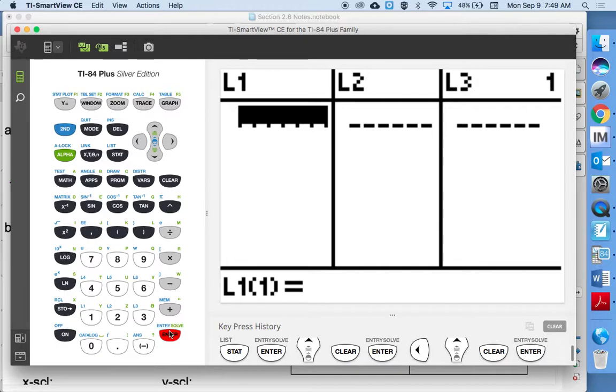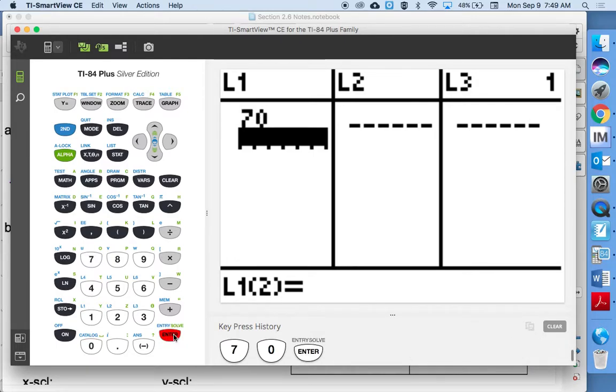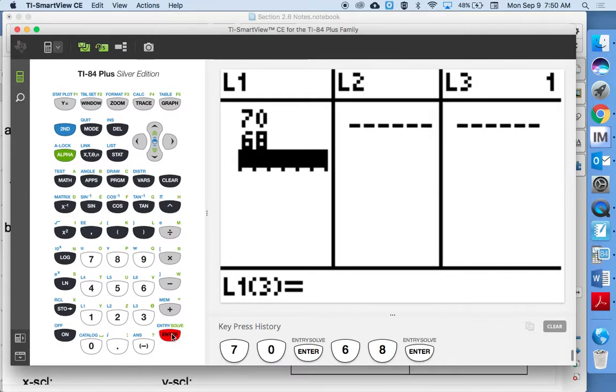So just go vertically down that list, type in 70, hit enter. You must hit enter, and then it bumps the little cursor down into the next one. And just make sure you're double checking your numbers. One number wrong means the whole thing is wrong.